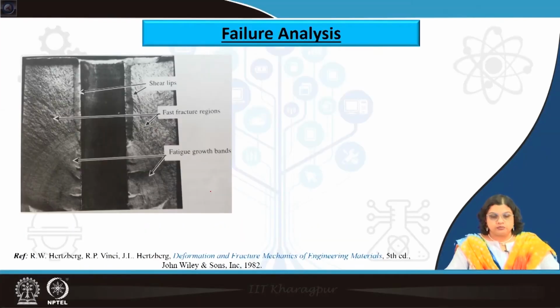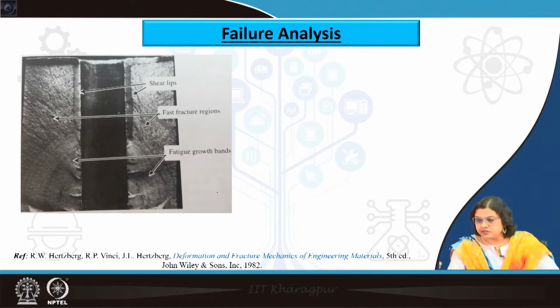So, before we move on, as we have seen in the last lecture, whenever there is a fracture, from the fracture surface itself, from the fractograph, it is possible to determine the fracture toughness at the point of fracture, and this is done typically considering the shear lip width.